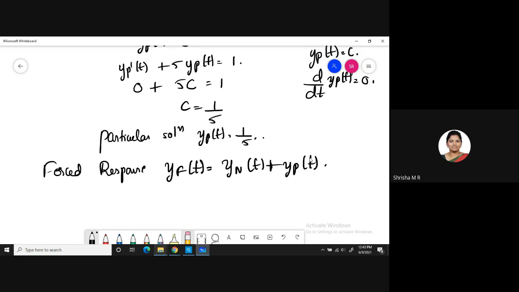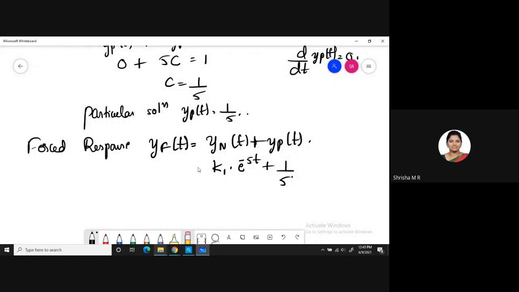So what is the natural response which we got? K1 into e power minus 5t, plus 1 by 5. Here you have to take K1 only because we are finding the forced response. Now we are evaluating this K1 again by assuming 0 initial conditions.